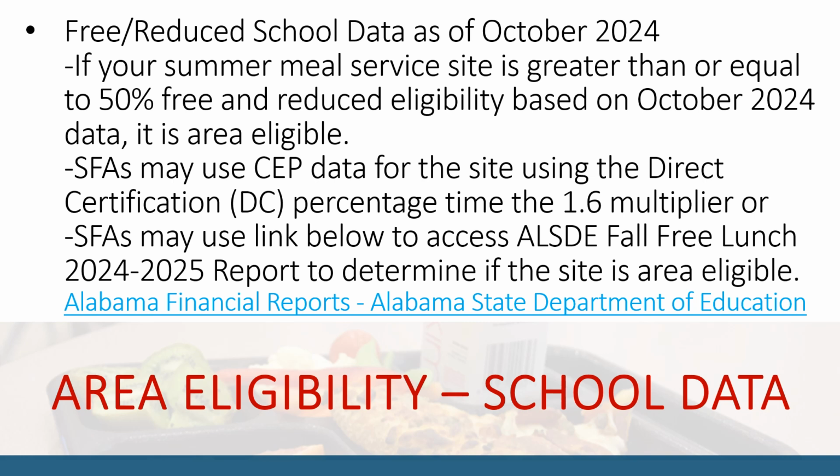School food authorities that participate in CEP may use their CEP data for the site, using the direct certification percentage times the 1.6 multiplier. Or school food authorities may use the link provided below to access the ALSDE Fall Free Lunch 2024 to 2025 report to determine if the site is area eligible.